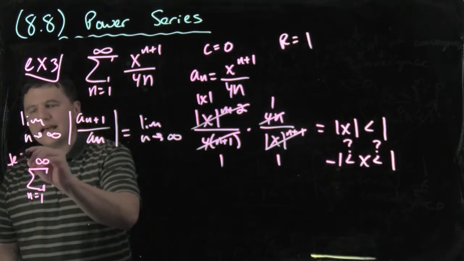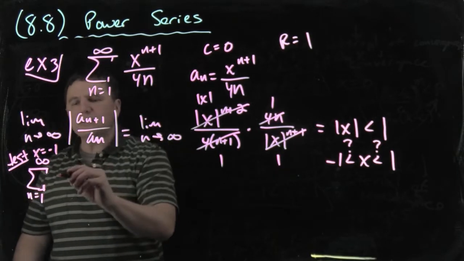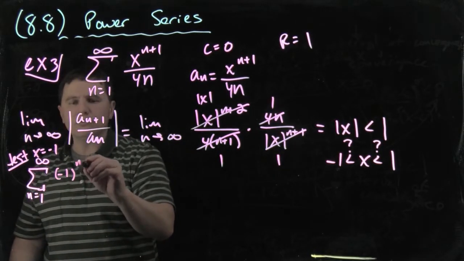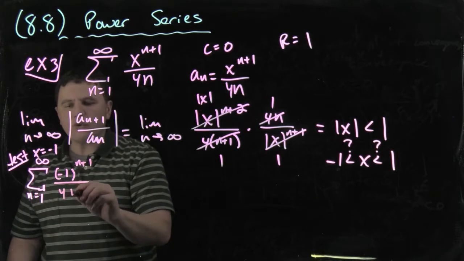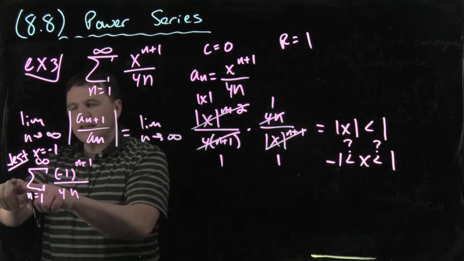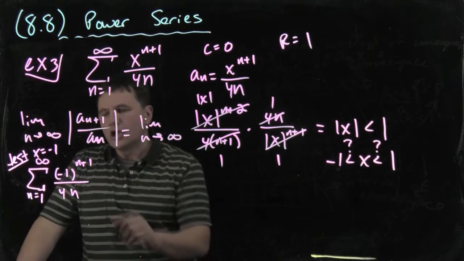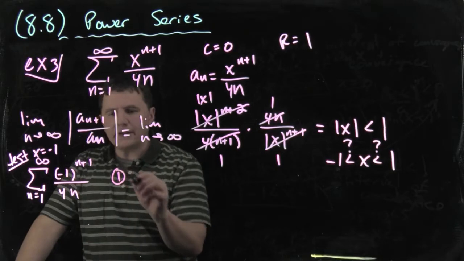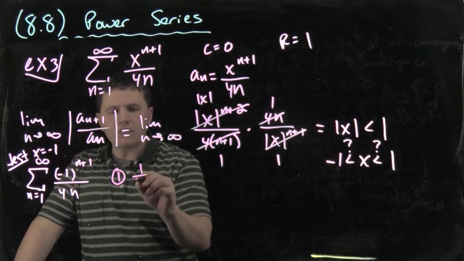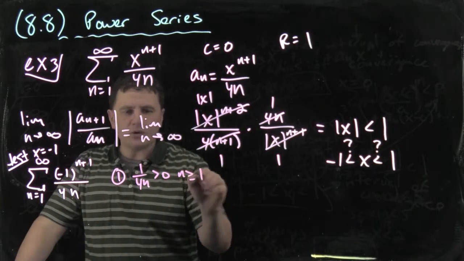So first of all, I'm going to test x equals -1. So that means I have -1 to the n plus 1 over 4 to the n. By the way, the 4 in the denominator, I don't really have to worry about it. I could always bring that out front as simply 1/4, or I can leave it in there like this. So what I realize is, number one, 1 over 4 to the n is greater than 0 for n greater than or equal to 1.